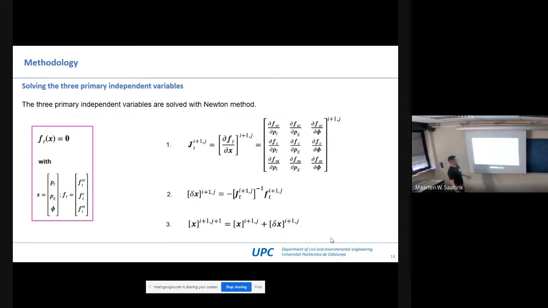This is how we solve the independent transport variables. By solving this, we get PL and PG, the liquid pressure and the gas pressure. Then we can get the capillary pressure. Once we know the capillary pressure, we can know the saturation, the relative permeability, and also get the Darcy flux of the water discharge and the gas discharge.